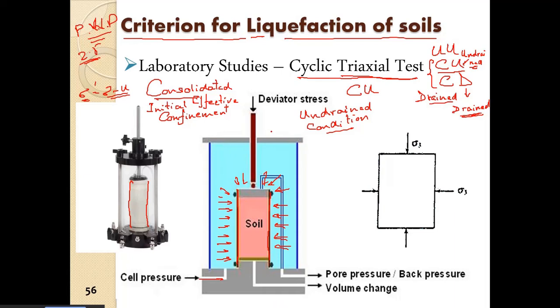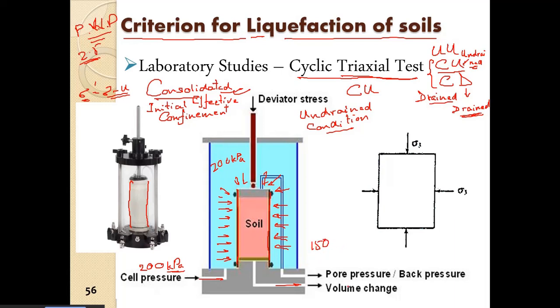Then we consolidate the sample, so we allow the pore pressure to dissipate up to a certain value. Suppose we apply a cell pressure of 200 kPa. So here the water pressure is 200 kPa, and then we allow the soil to consolidate. Initially the pore water pressure was measured at 150 kPa.